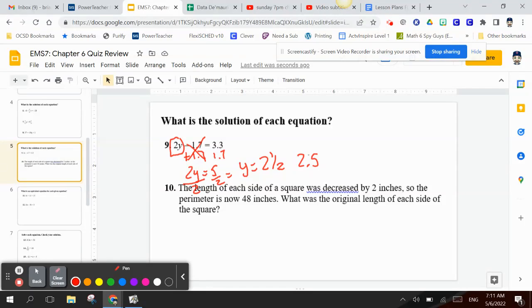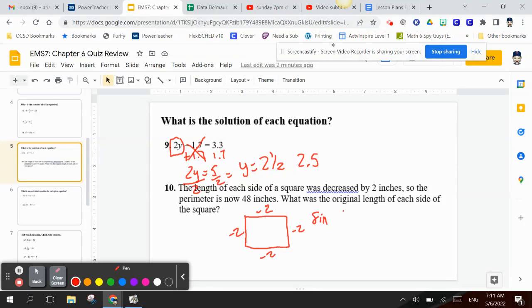Number 10 says the length of each side of a square was decreased by 2 inches, so the perimeter is now 48 inches. What is the original length of each side of the square? So if I'm looking at each side, and we have minus 2 from each one, because the square has equal sides, that would be 8 inches that we took away.